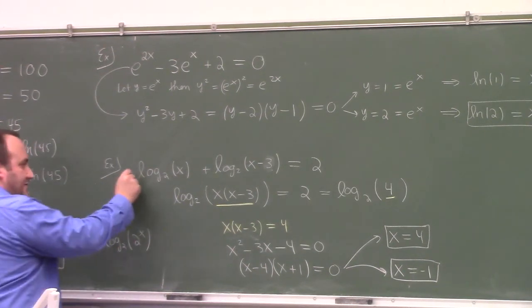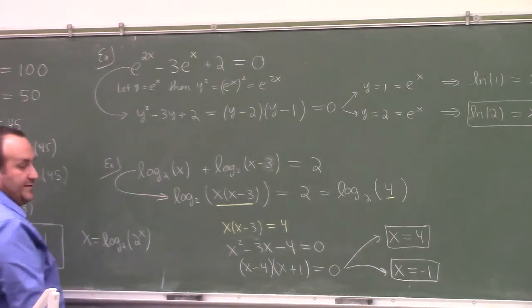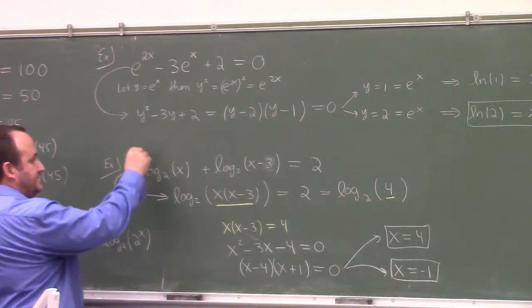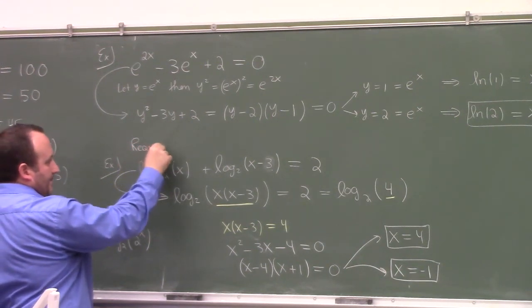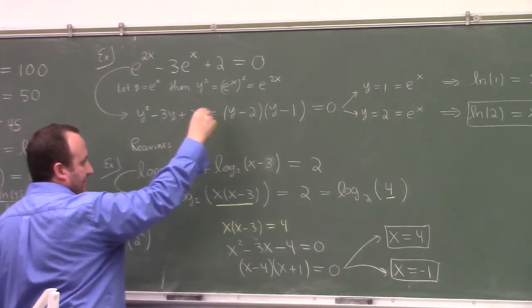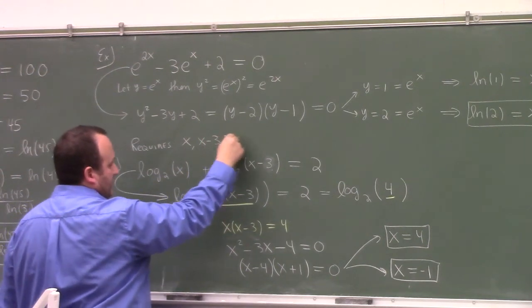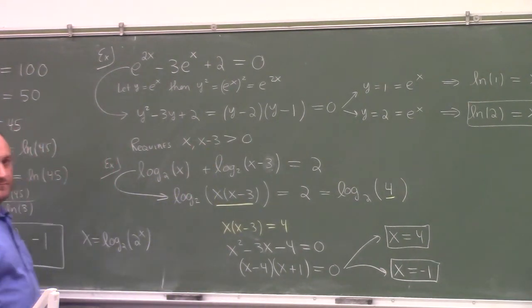When you apply this to this, what's the string? What do we need? It requires x and x minus 3 to be positive. If that's not true, we're in trouble.